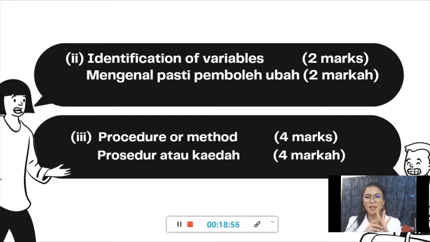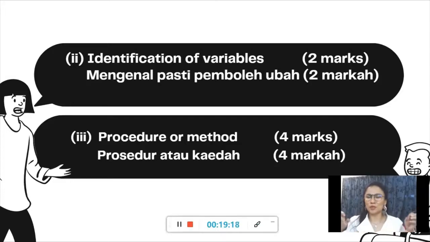So what I recommend is to write all 3 of them, or at least you need to write two types of variables. Easiest one will be writing manipulated variable and your responding variable.